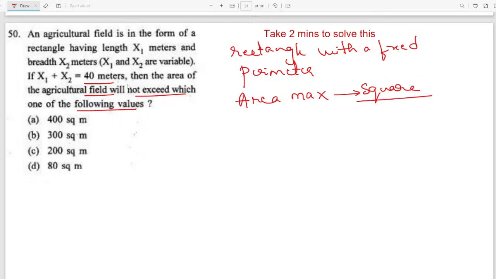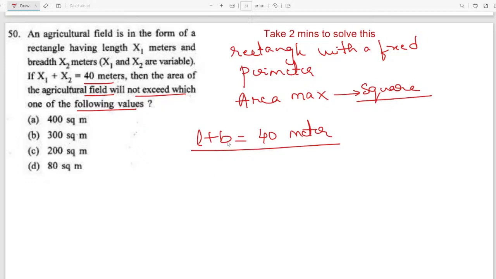In this question, they are asking the area of the agricultural field will not exceed which of the following. So we need to calculate the maximum area of this rectangle where the length plus the breadth is equal to 40 meters. We can only maximize the area when the length and breadth are equal.